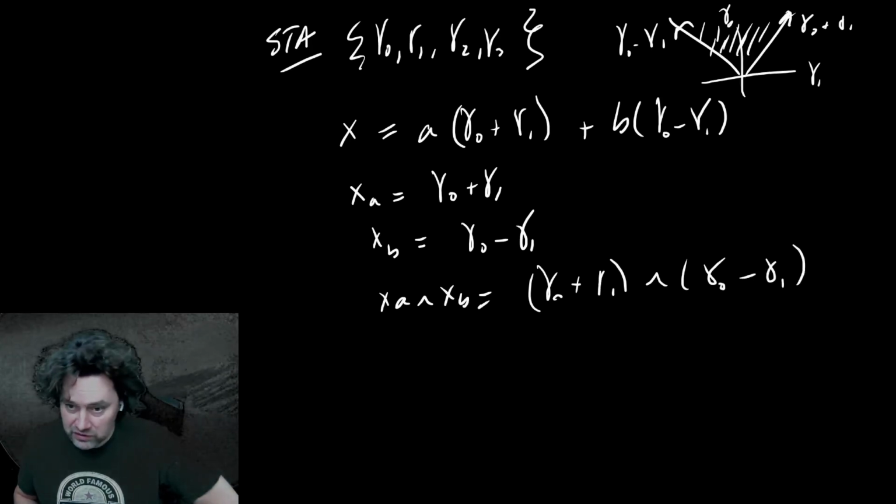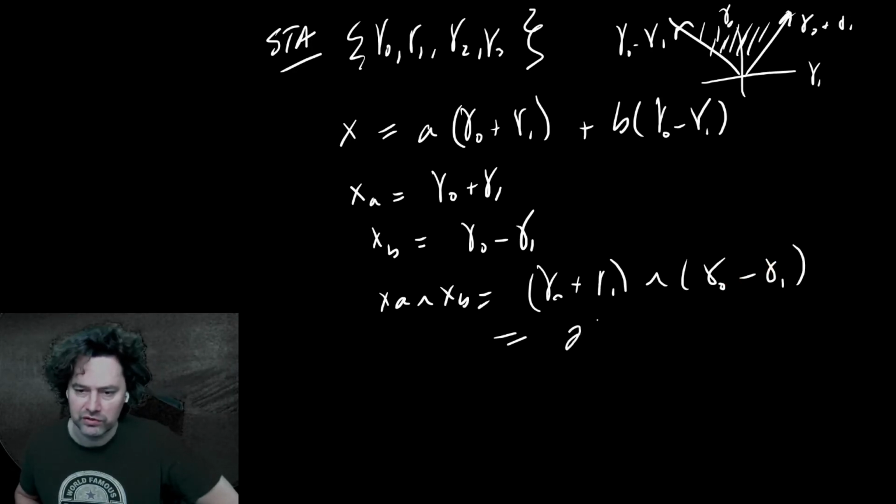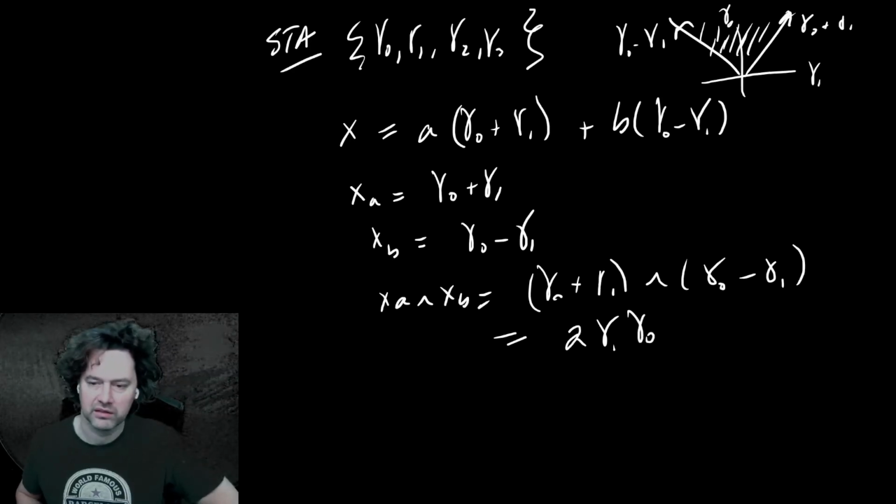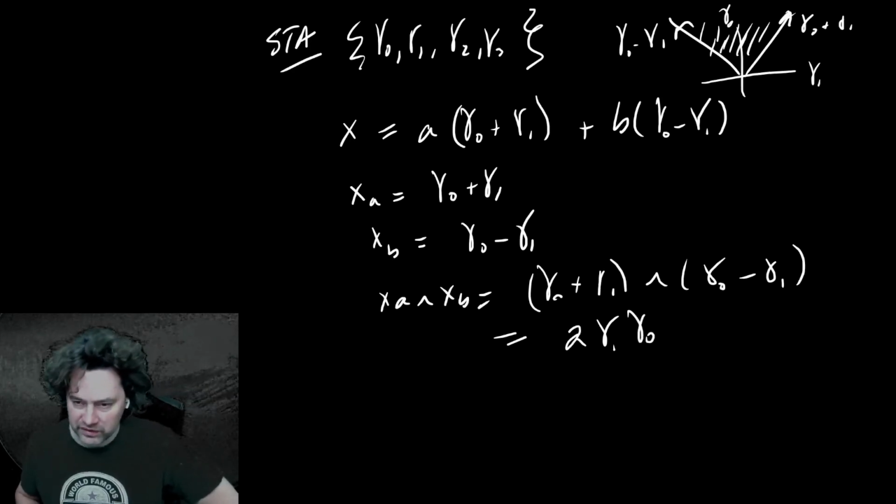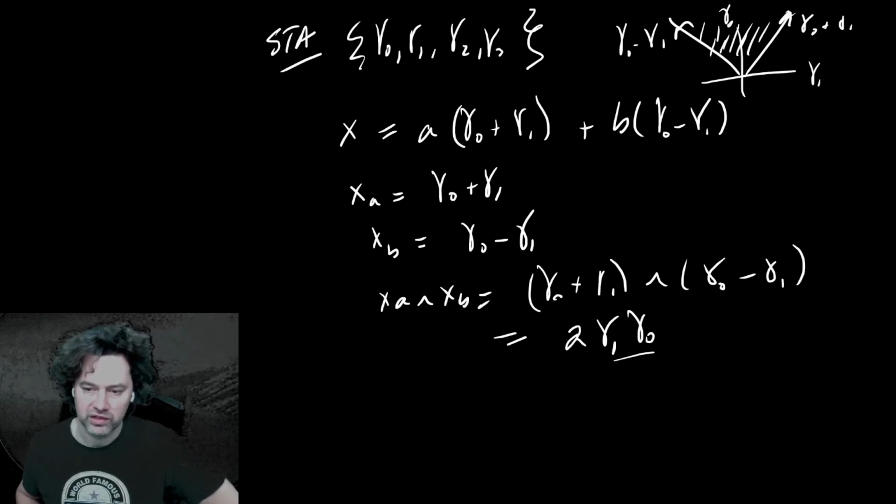And looking at these, any of the like terms are killed, and only the unlike terms remain, and we see that we have 2 gamma 1 gamma naught remaining. And again, that is a space-like vector that squares to plus 1.